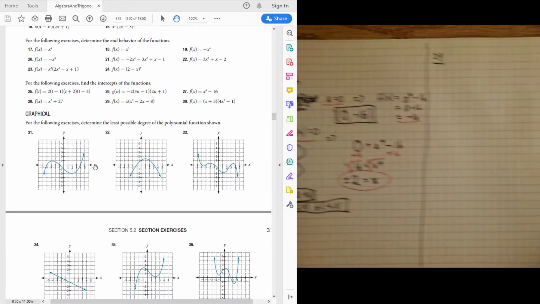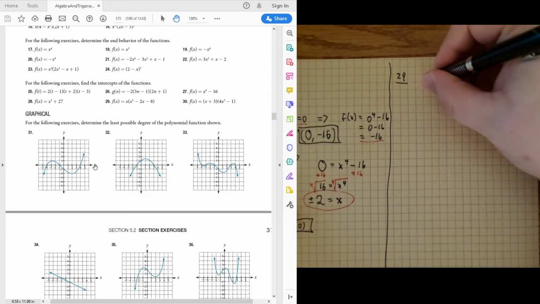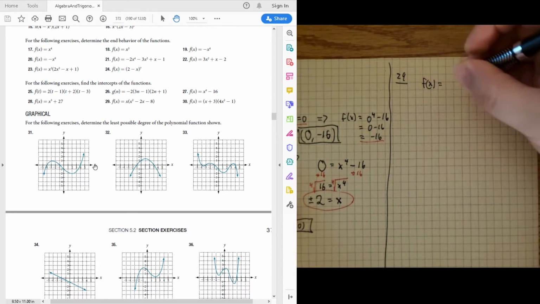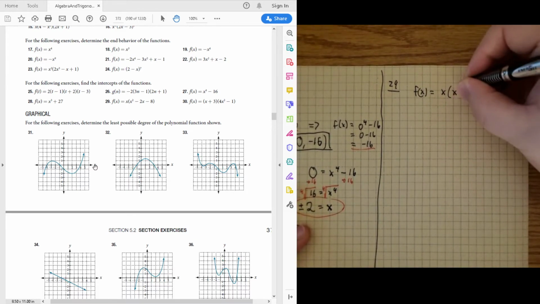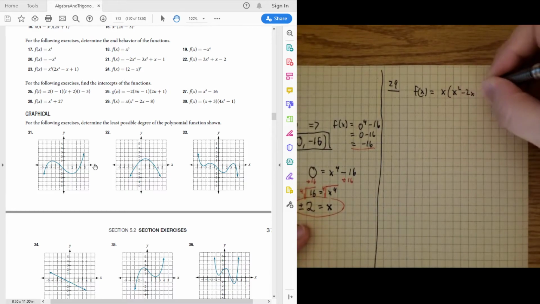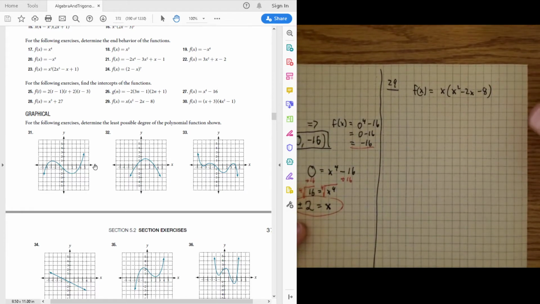So 29. It states we have f of x is equal to x times x squared minus 2x minus 8. Okay, so part 1. Oops, sorry.